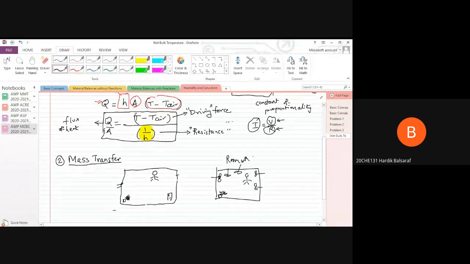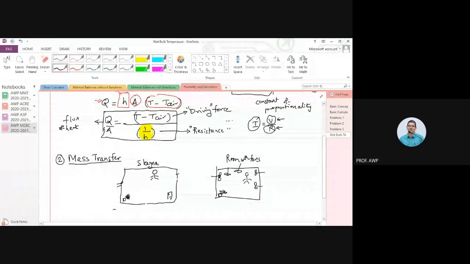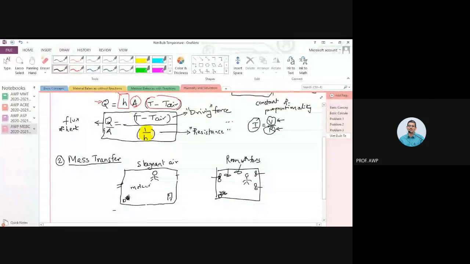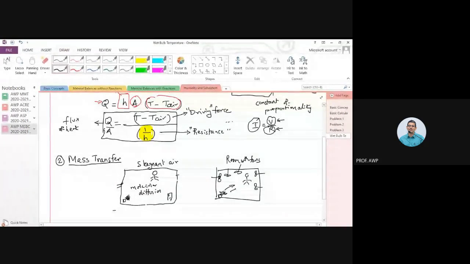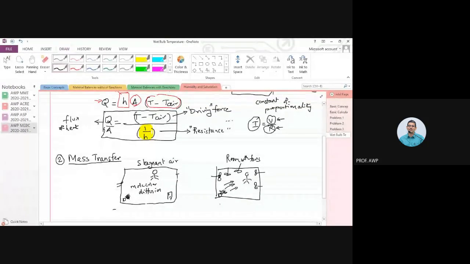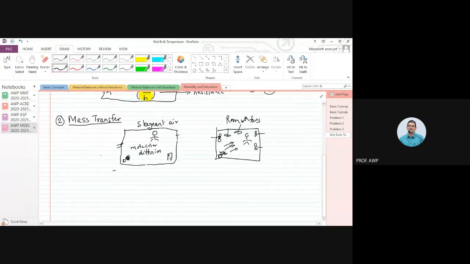Sir, in the case where the room has fans. Correct. If it has stagnant air, it is only merely by a process of molecular diffusion. Do you agree with that? Yes, sir. Whereas if there are fans, then physically the air is going from one place to another place by the process of fan.